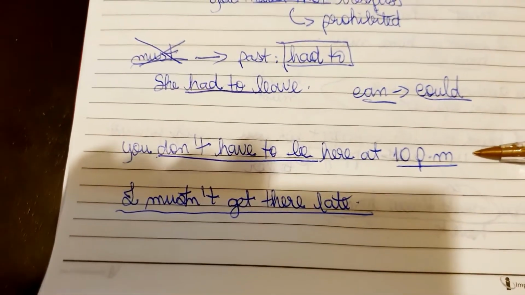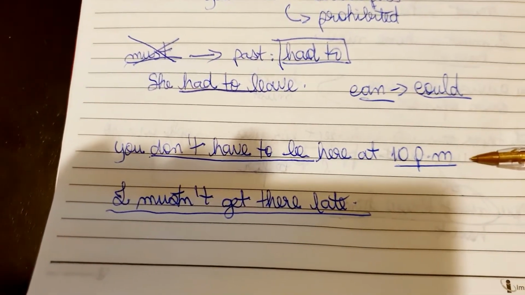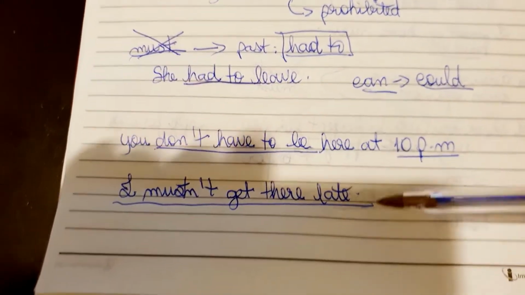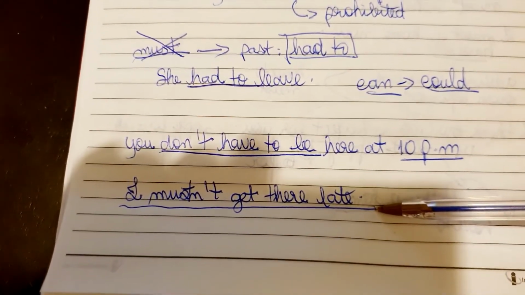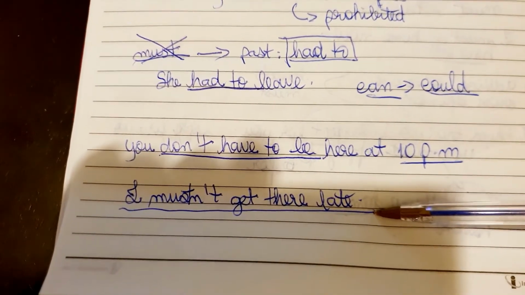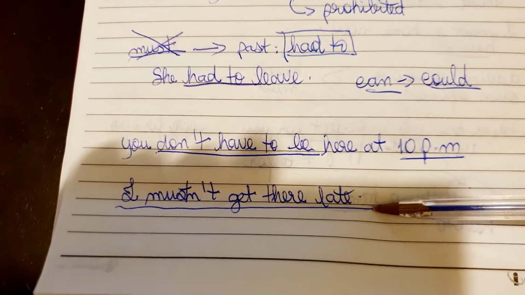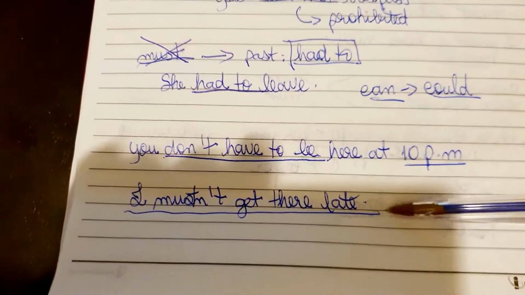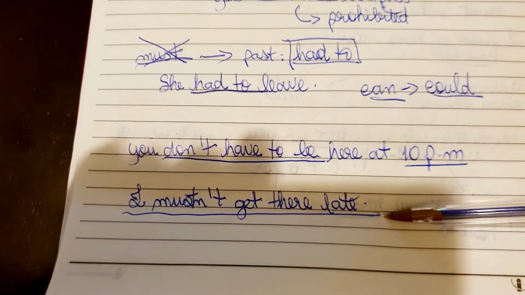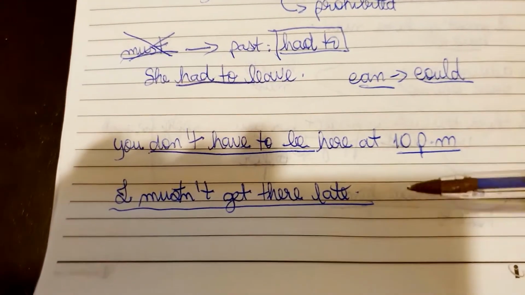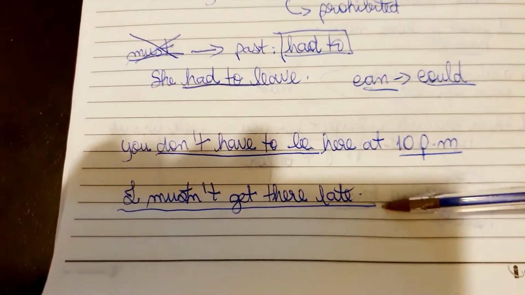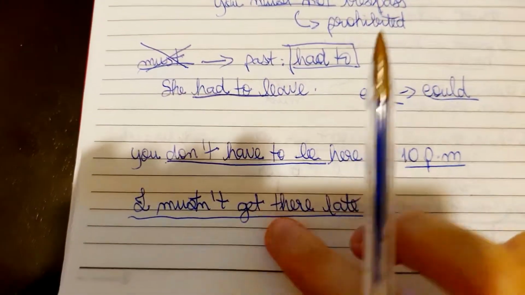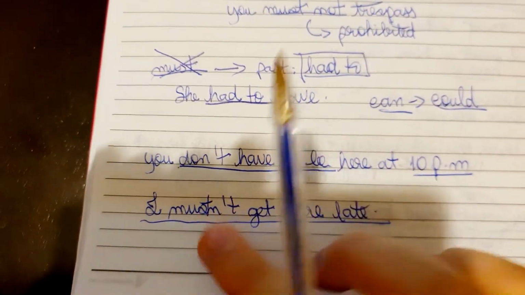Here, you don't need to be here at 10, but if you want, it's possible. And here, it has a different meaning. It's necessary that you do not do it. If you do it, it will have consequences for you. It's not desirable. If you get there late, you might have terrible consequences. So that's the difference between mustn't and don't have to in the negative, okay?